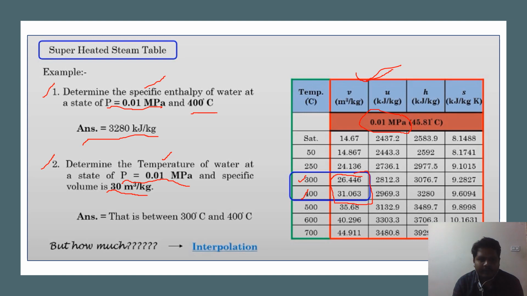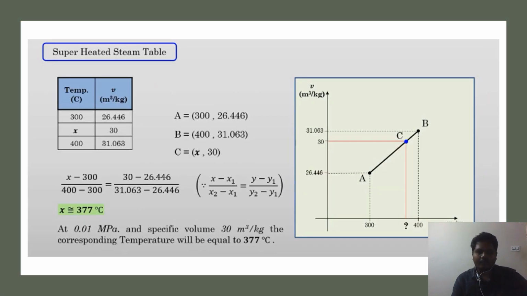So how do we find the temperature at 30 meter cube per kg? By interpolation we can find it. In this table, the left side is temperature and the right side is specific volume, but we have to find the temperature at 30 meter cube per kg.